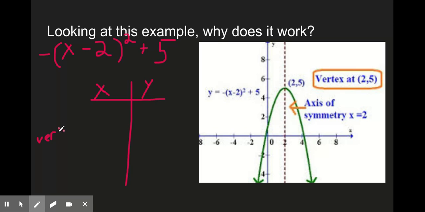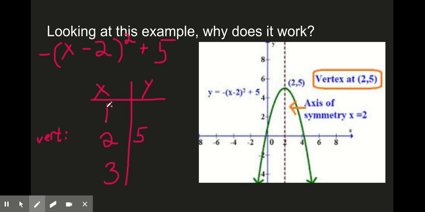Well, I know what I want to put in the middle: 2. I guarantee you that. When I plug in 2, 2 minus 2 is 0, 0 squared is 0, negative 0 doesn't matter, plus 5, 5.